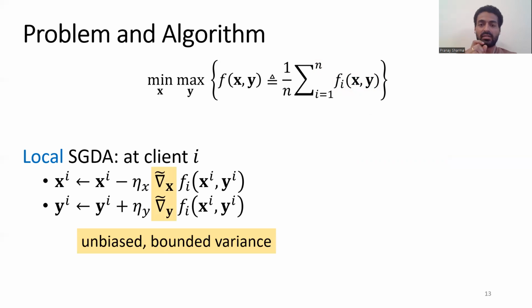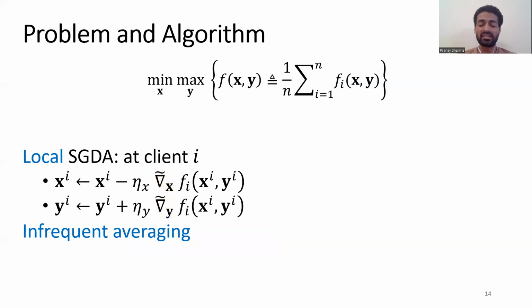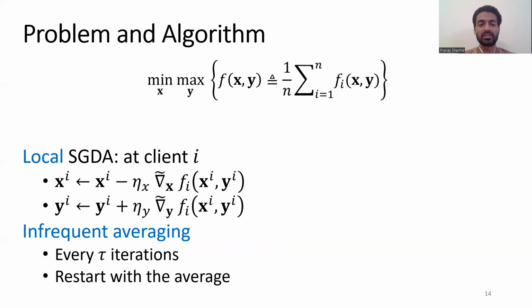And notice that the directions are unbiased estimators of the true gradient, and they have bounded variance with respect to the true gradient of the F_i's. Once in a while, say every tau iterations, the clients send their local x's and y's to the server, which averages them and returns them to the clients. And from these new averaged values, the process at the clients restarts.